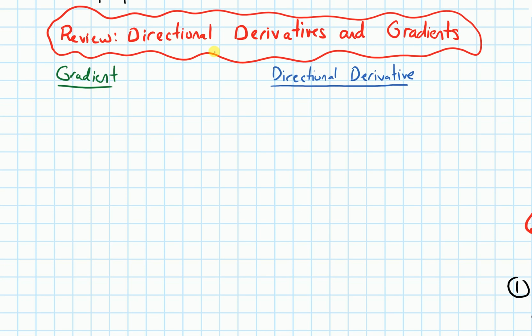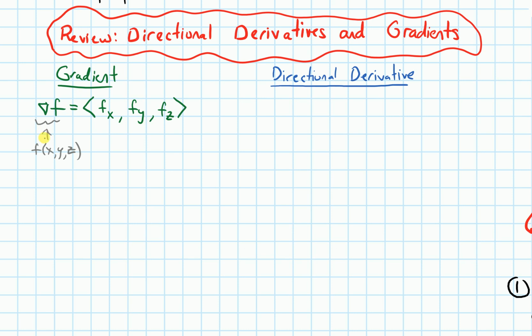So I want to review directional derivatives and gradients a bit. Okay, so let's begin by just reviewing some properties of each of these. So with the gradient, let's remember the formula for the gradient is, if f was a function of x and y and z, then when we take the gradient, we'll get the partial with respect to x, that's the first component of a vector, and the partial with respect to y is the next component, and then the partial with respect to z would be the next component.